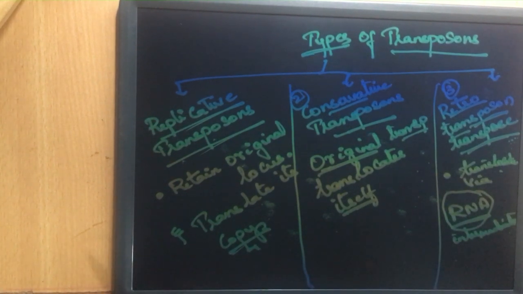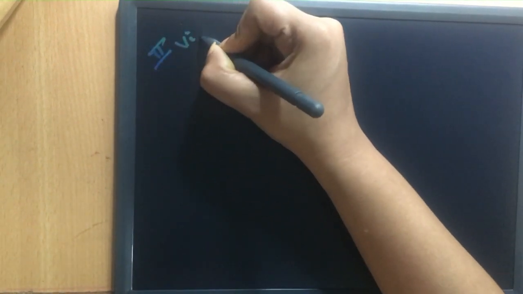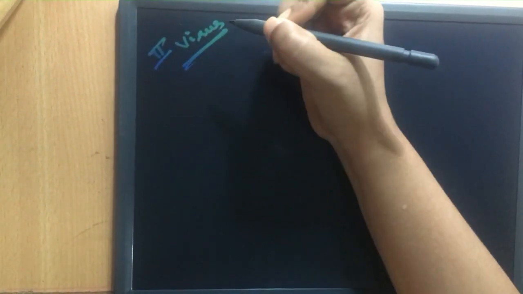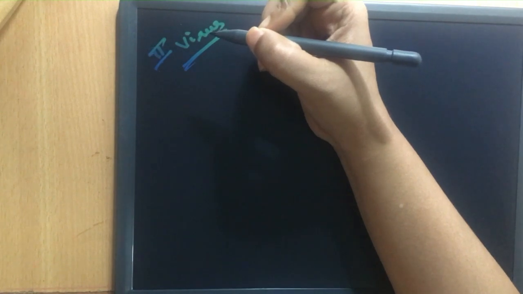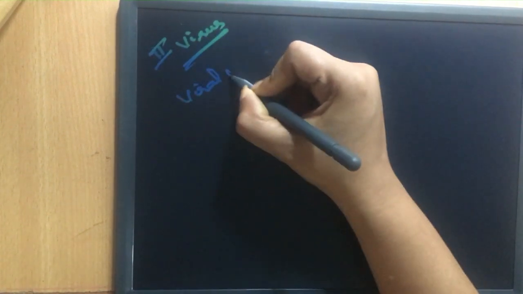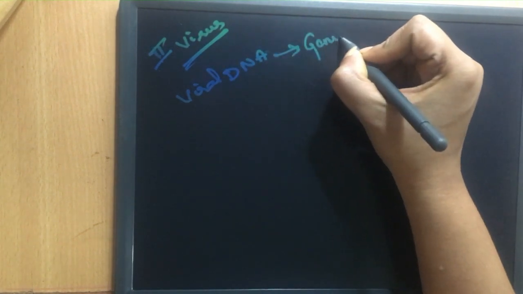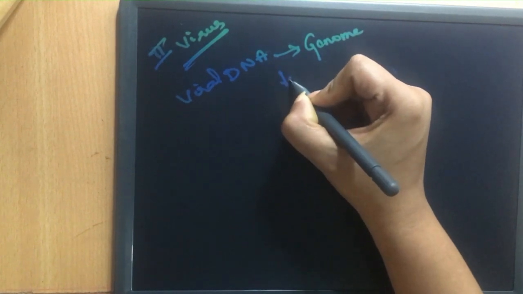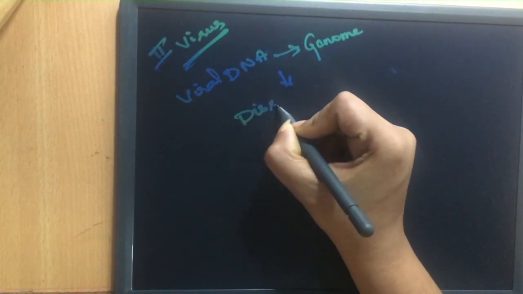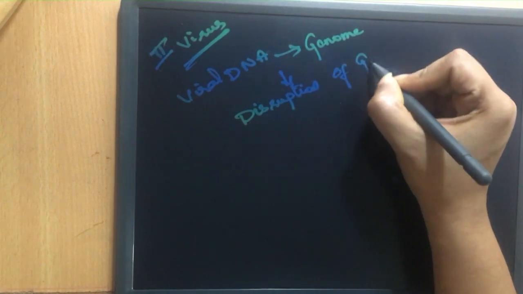Now the second one is the virus as a mutagenic agent. Insertion of viral DNA into the genome may lead to disruption of genetic function.